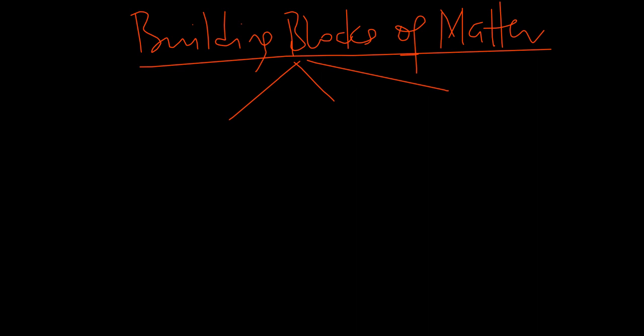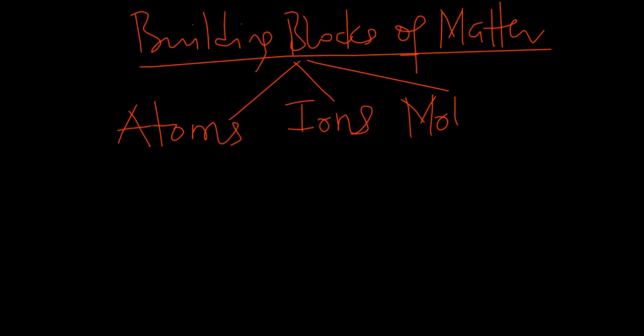So, the first building block, we have atoms. The second building block, we have ions. Then the third, we have molecules. So, at this point, we are going to look at each of these building blocks. So, let's start with atoms.